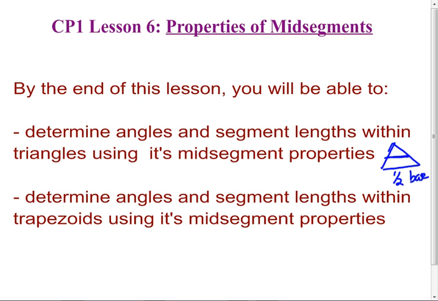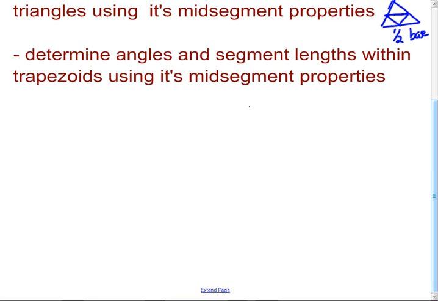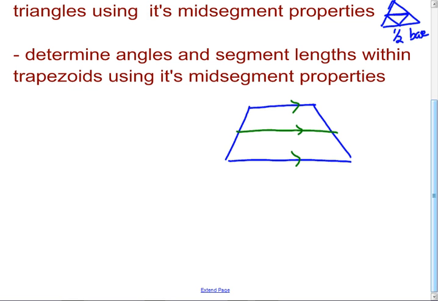If I draw in all the mid-segments, I'm going to have a whole bunch of congruent triangles, which means the corresponding angles have to be congruent. For trapezoids, if I drew the mid-segment on a trapezoid, like here, this side is parallel to the two parallel sides, and this side is the average of the bases.